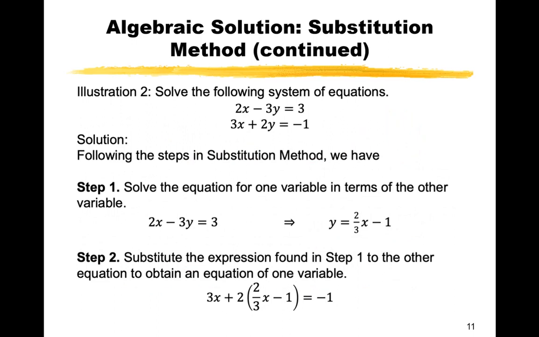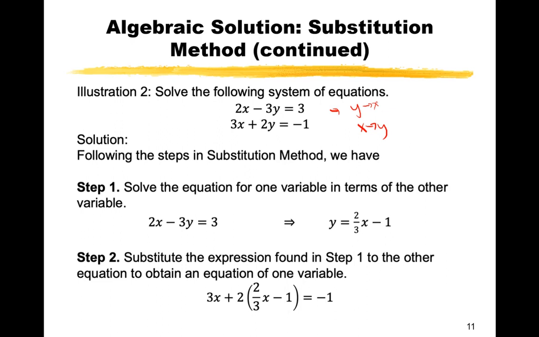Next example. So we have another system of equations. 2x minus 3y equals 3 and 3x plus 2y equals negative 1. Nasa substitution method pa rin tayo ha. So following those steps na in-outline natin sa una, the same concept will be used. Mamimili ka lang dito sa dalawang equations na meron sa atin. Then ita-transform mo say y in terms of x or x in terms of y.